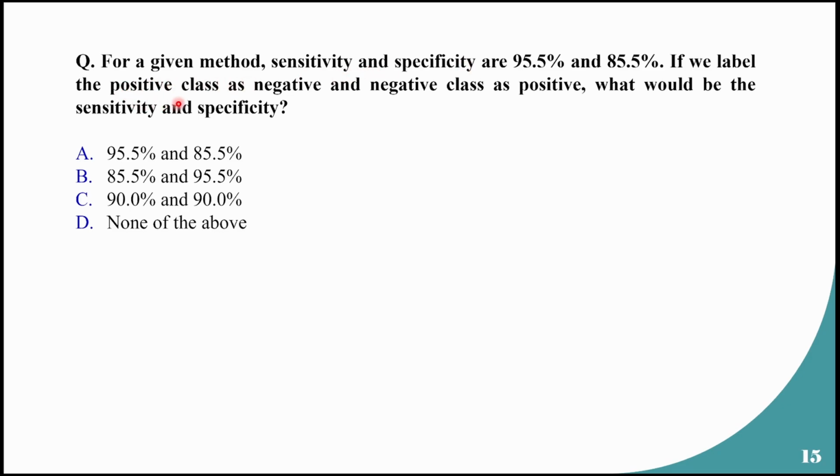So the positive class will now be the new negative class. You are changing the labels from the positive class to the negative class, and again changing the label for the negative to be positive, right? So what would be the value of the new sensitivity and specificity? There should be some change in the sensitivity and specificity values if you switch the labels, right? So what would the new value become? Try to answer it.